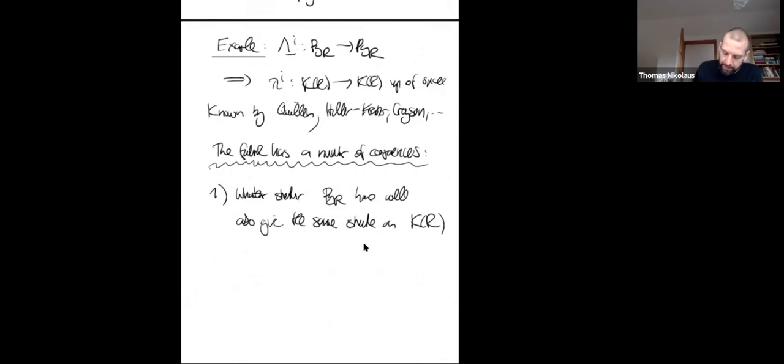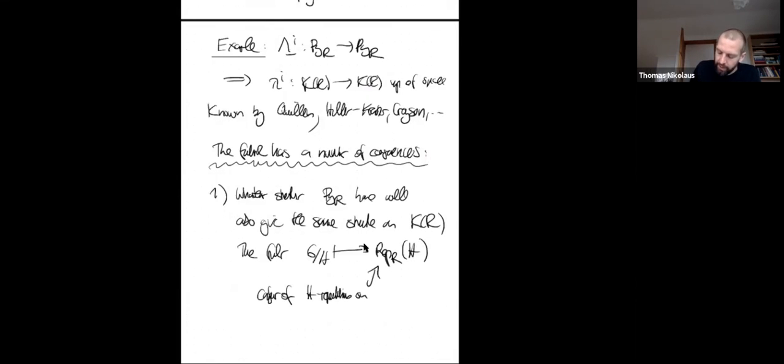There's this fact that you can look at the functor G mod H. For a finite group G, or actually a profinite group more generally, you can look at the functor which sends an orbit G mod H to the category of representations of H on R. So this is the category of H representations on finitely generated proj R, i.e. a functor category from BH to proj R, right?